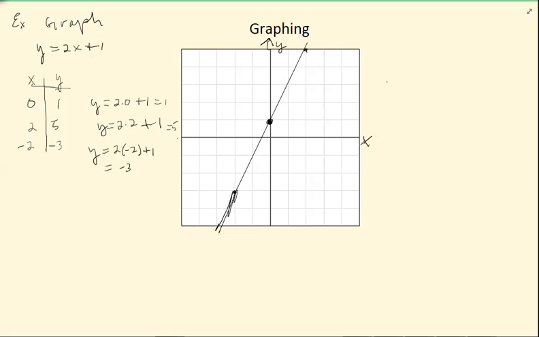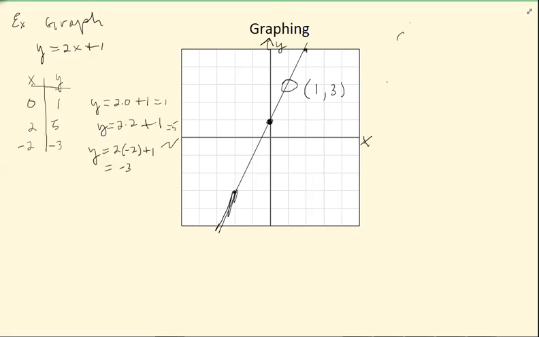Every point on this line is a solution to the equation. You can pick off some if you can spot them. In fact, notice if I can trust my drawing, which I think I can, it looks like there's an ordered pair right here, which looks like it has the coordinates 1, 3. Okay, so the question is, is that a solution to the equation? Well, it should be because it's on the line.